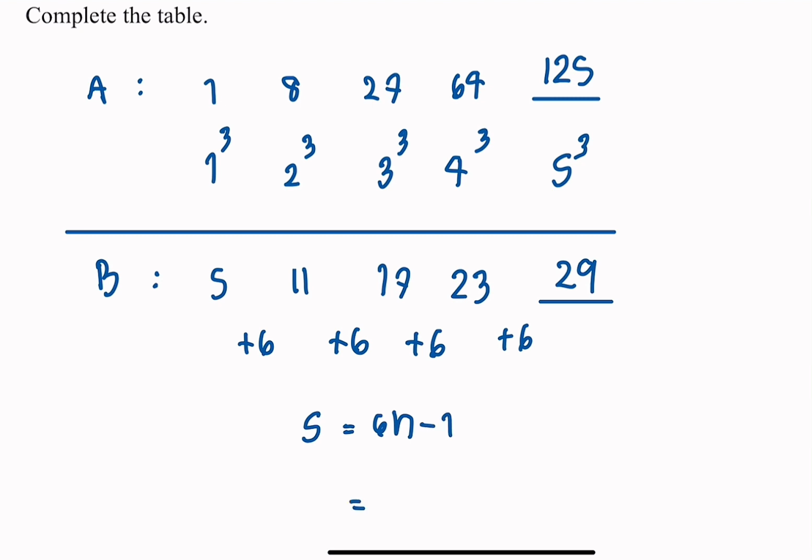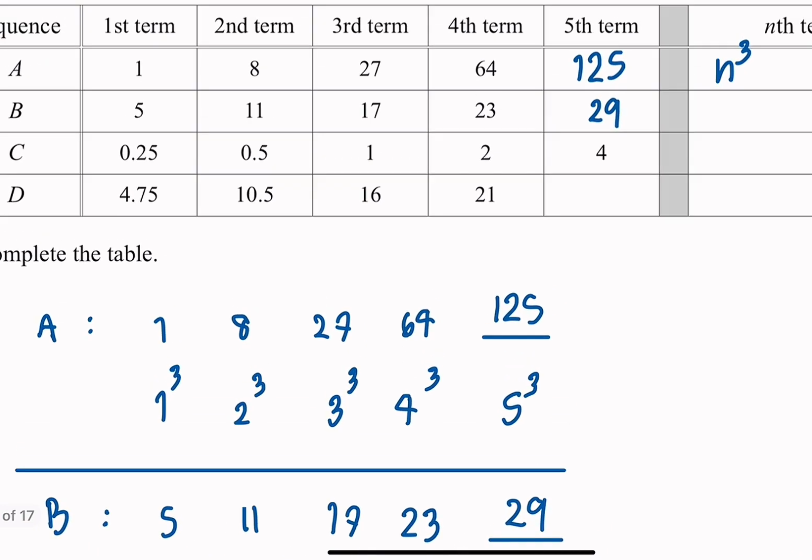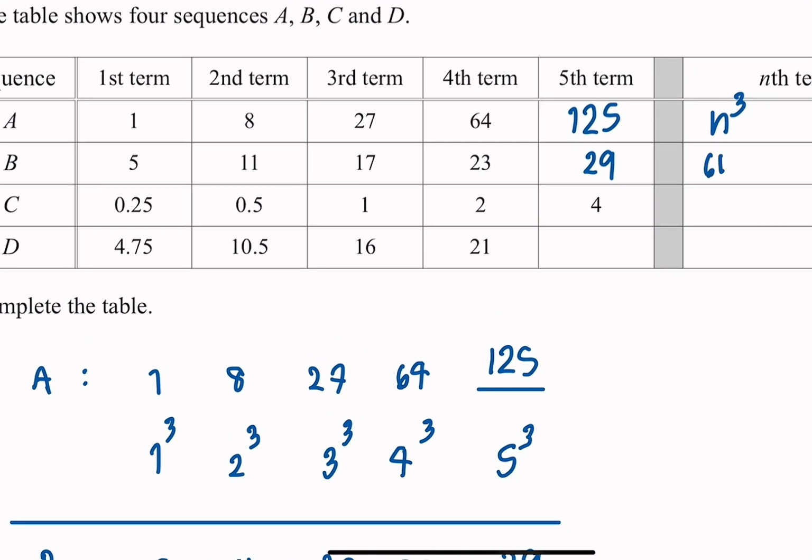Therefore, the n term is 6n minus 1. You can check this by inputting the value of n, which is 1, 2, 3, 4, and 5, and check if you get these values or not.